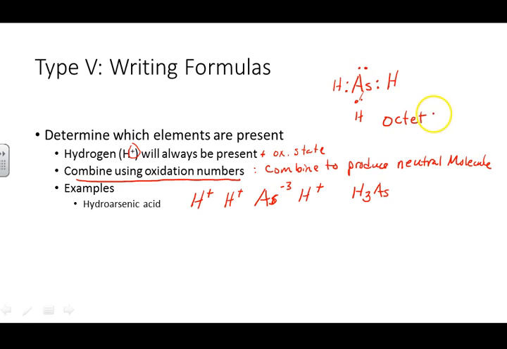So arsenic now has 8 valence electrons, and each hydrogen has 2 valence electrons.